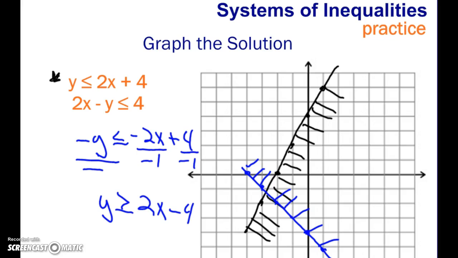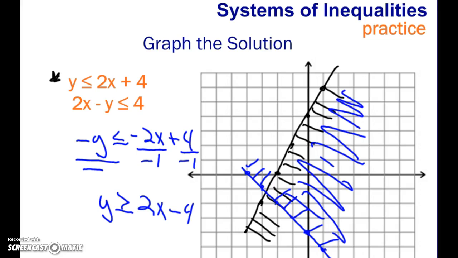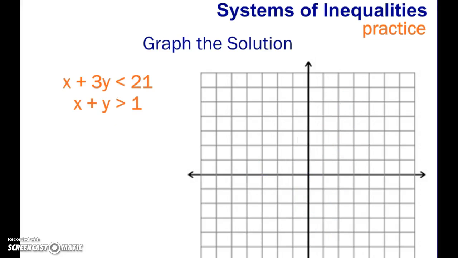So the overlapping is going to happen in that region. So my solutions to my equations will be found over there. You can test 0, 0. It's going to work. So we move on to the next one.